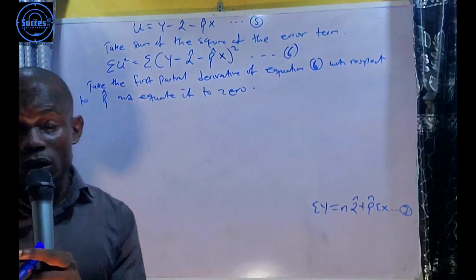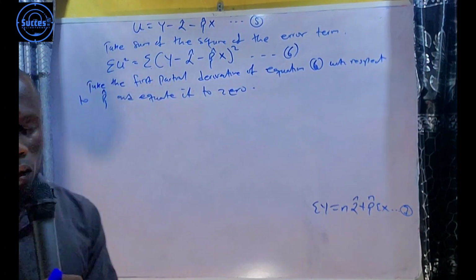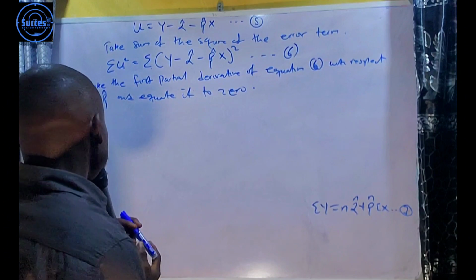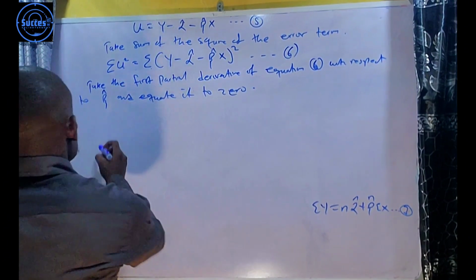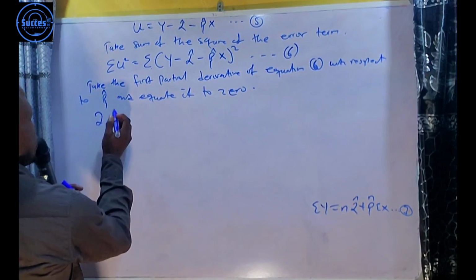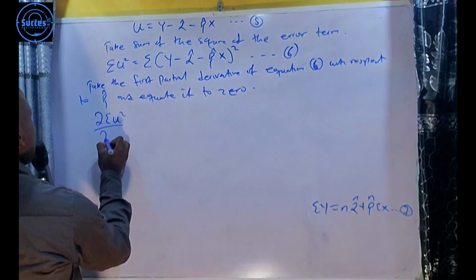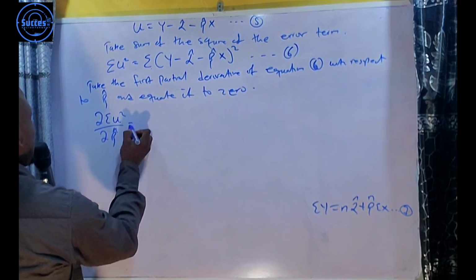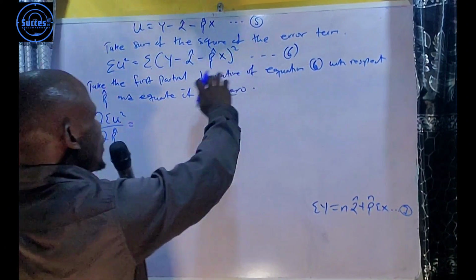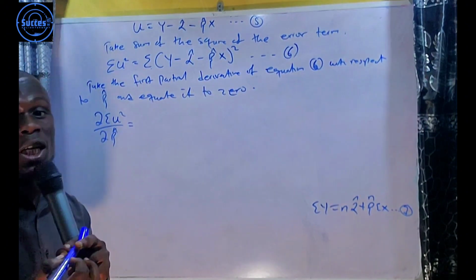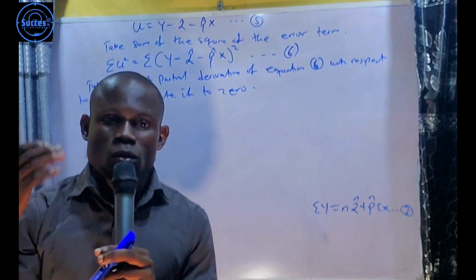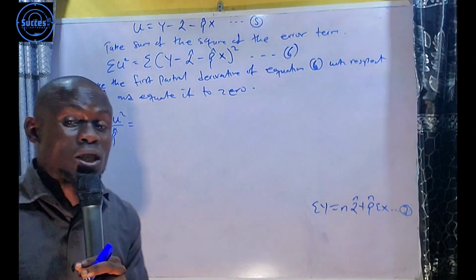So from here, we have the first partial derivative of the sum of square error with respect to beta cap. Now, I've already explained how you do this using the chain rule. So to save our time, I'll just go right to it and tell you the answer.